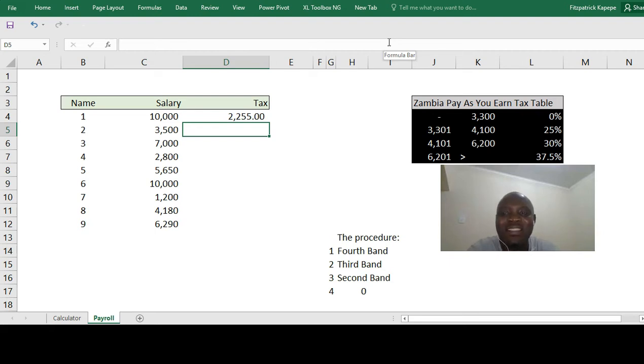I always advise my clients that when you create a very long formula, try to find ways of how you break it, like what I've put there is 0, and breathe a bit and go back again.